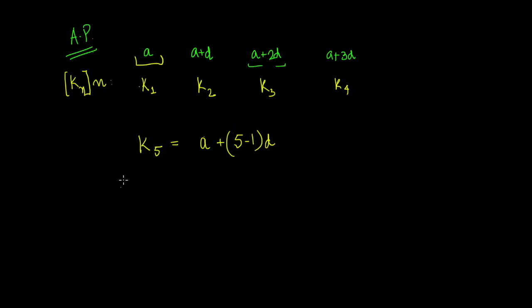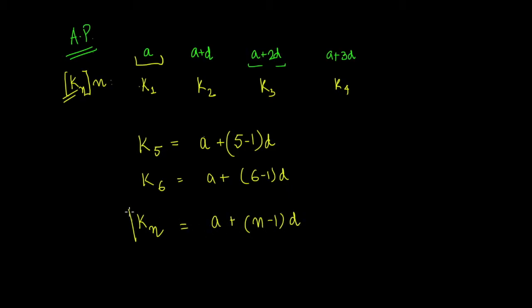Keeping this pattern going, if I ask what's K6, that would be A plus (6 minus 1)D. And it doesn't take long to figure out that if I need K sub n, the nth number in the AP, then that would be A plus (n minus 1)D. So that is how I would represent the nth term in the AP.